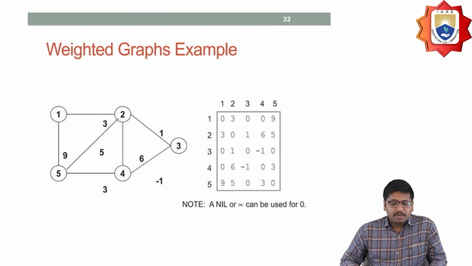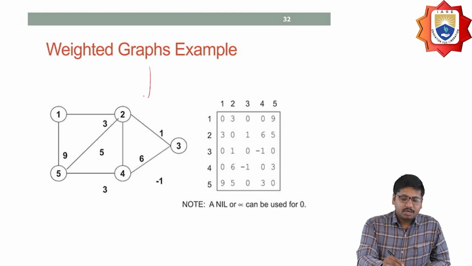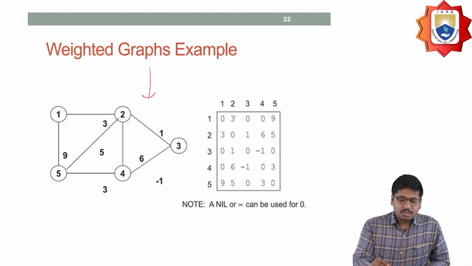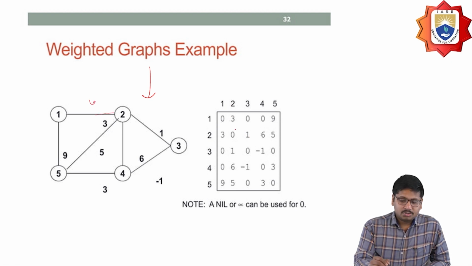So let us consider a weighted example. Normally in the normal matrix representation, we are just representing zeros and ones. But here in the weighted graph, we are going to represent this as rows and columns, and then we are going to represent the weights in between them. So between 1 and 2, what is the weight that is connected? That should be 6. So sorry, 3. So 3 is going to be connected.